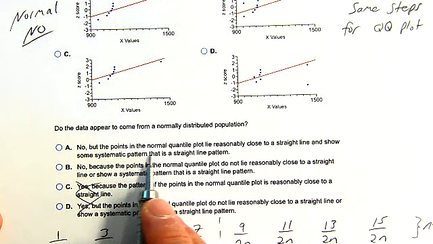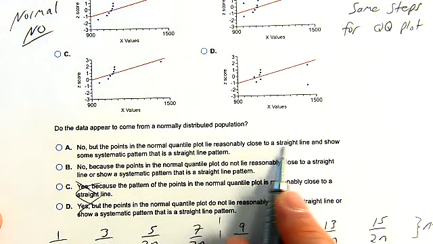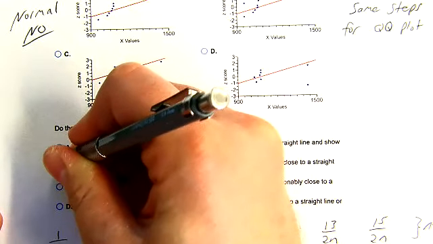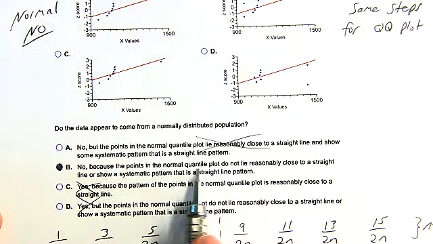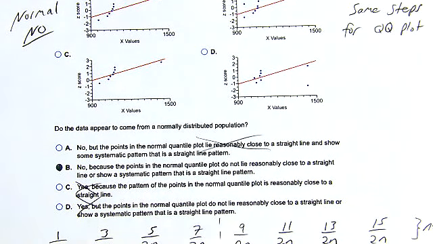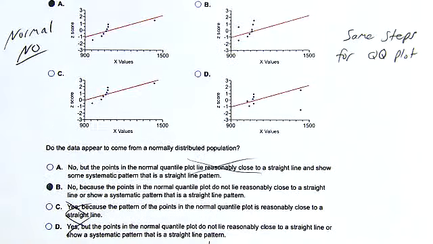No, but the points in the normal quantile plot lie reasonably close to a straight line. No, they don't. Got to be B. No, because the points in the normal quantile plot do not lie reasonably close to a straight line. That's the only one in here I would consider difficult.